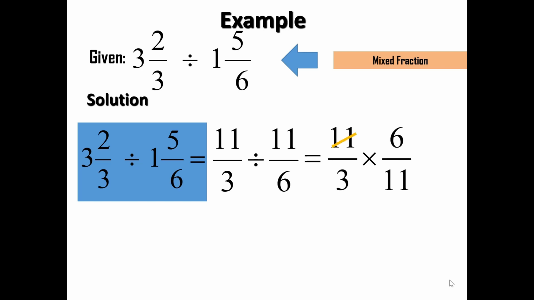Then, kukunin natin yung reciprocal ng 11/6, magiging 6/11. Mapapansin natin, cancelin natin yung 11 from numerator to denominator, yung common factors natin, para mapadali yung pagsusolve natin ng division ng rational numbers. So, 11 divided 11 is 1.